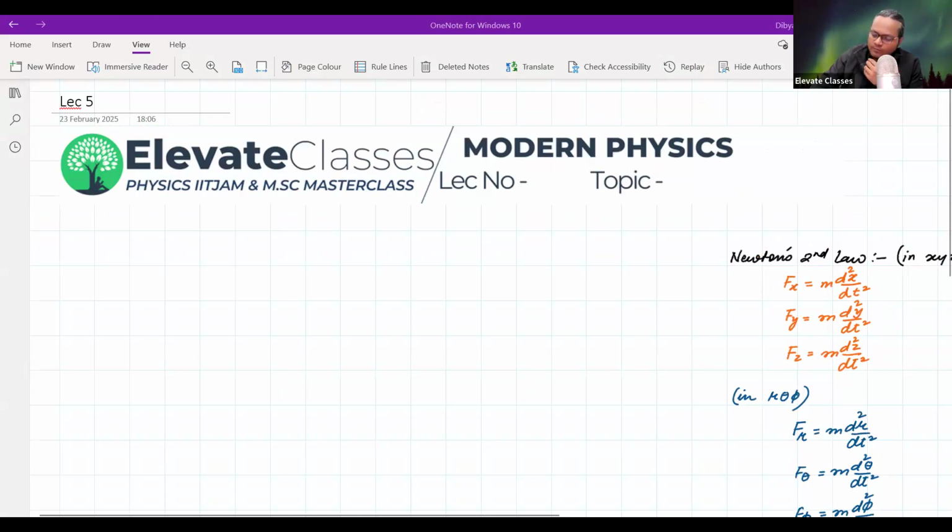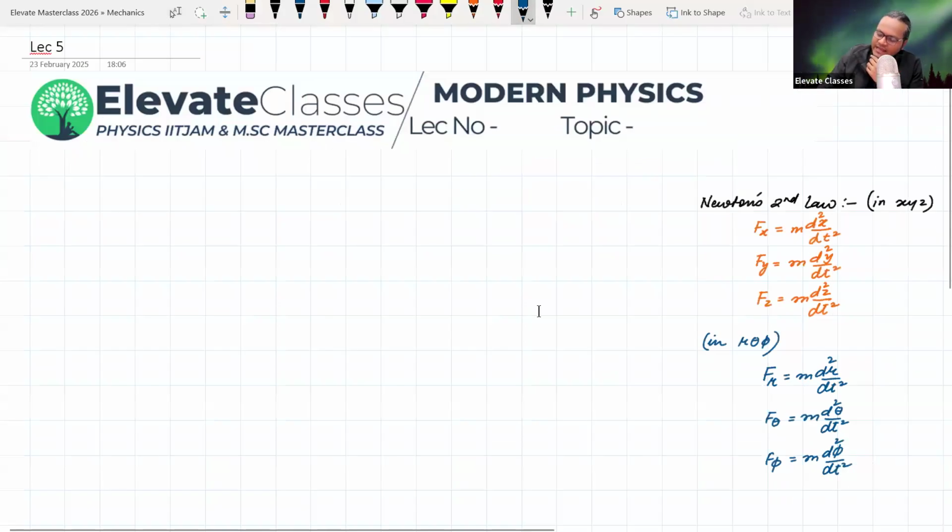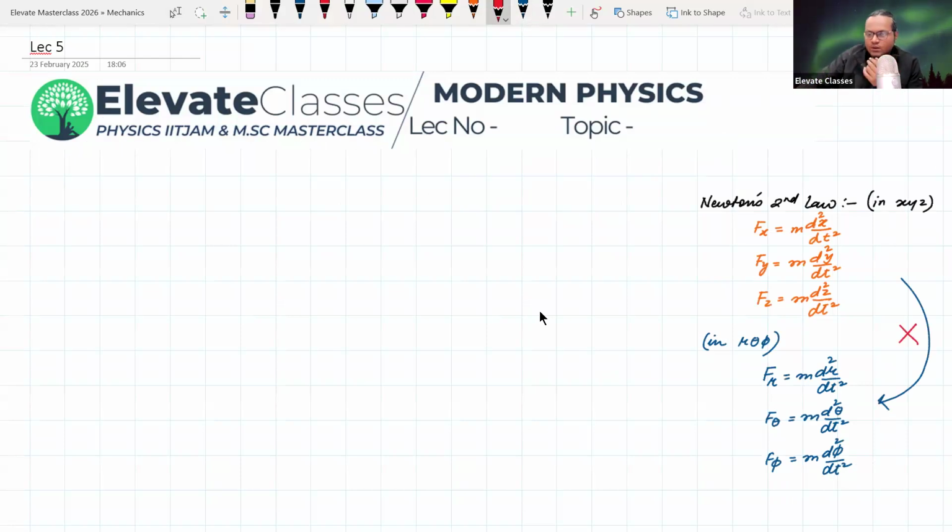So if I go from an XY coordinate system to a polar or spherical coordinate system, then the form of Newton's second law, form की बात कर रहा हूं, ठीक है? The form of Newton's second law does not hold. Okay, this is one of the problems of Newtonian mechanics.